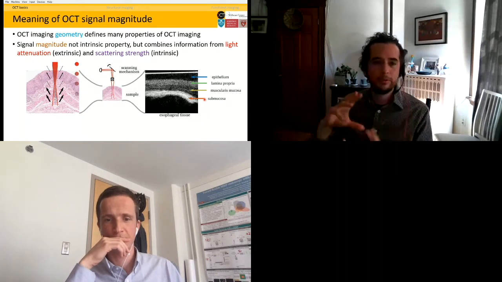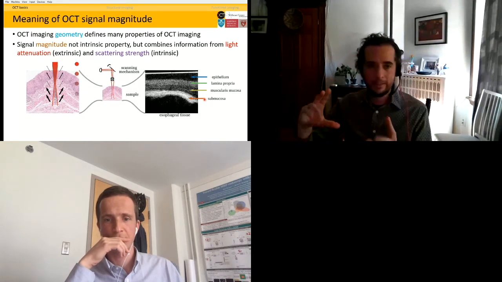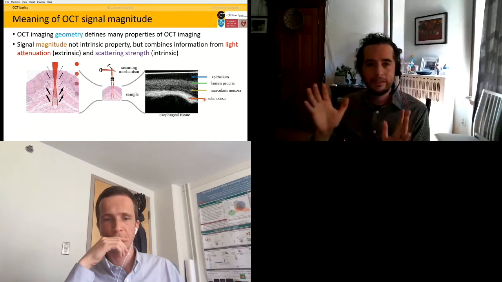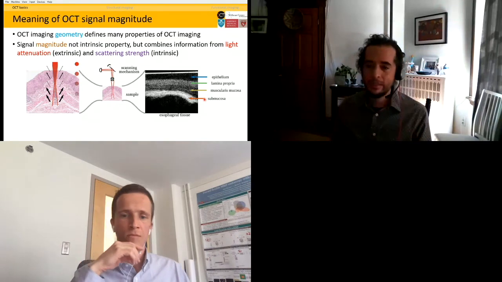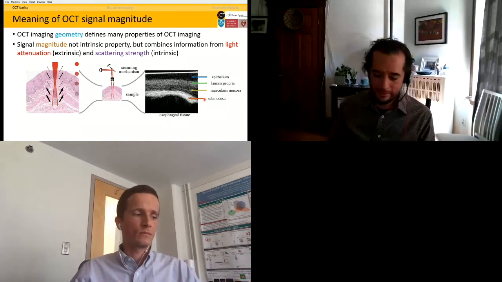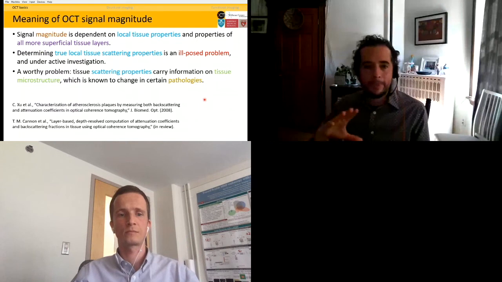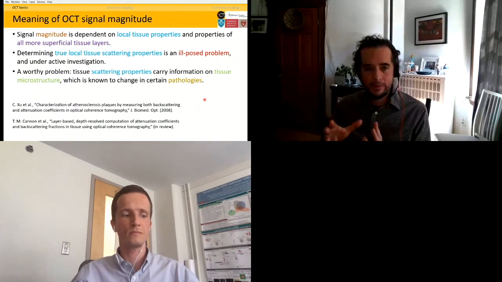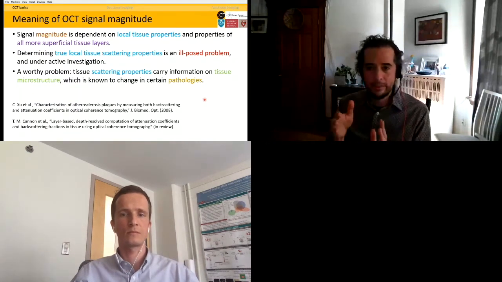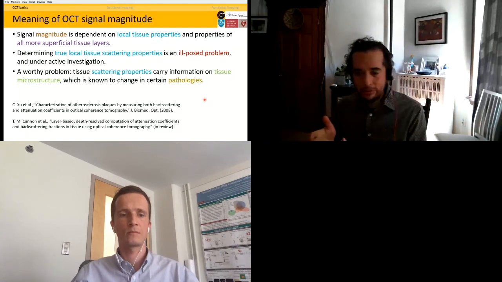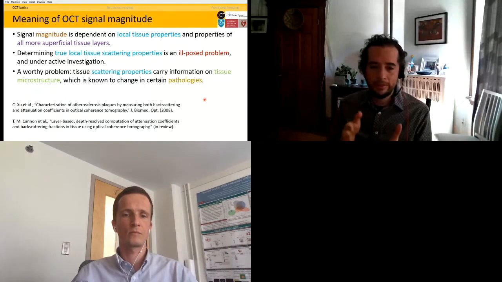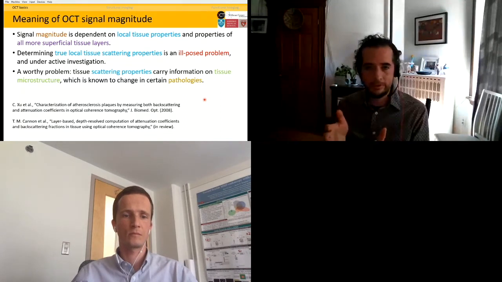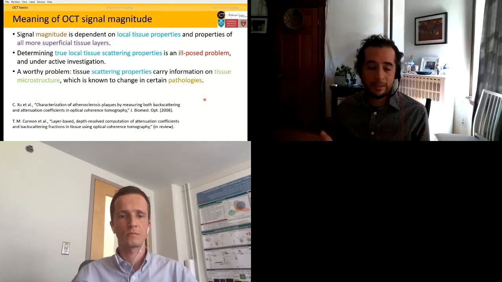So if we were able to create a more absolute, intrinsic image of the scattering strength of the tissue, it would actually look something like this. However, we have a combination of factors governing the light attenuation and the scattering contrast. So from a single OCT image, we cannot actually determine the true local tissue scattering properties. It's an ill-posed problem. We don't have enough information for this. This is actually a very interesting problem.